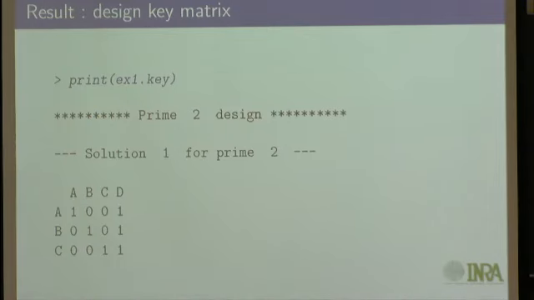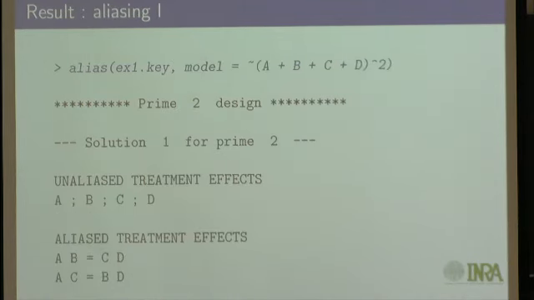So now we can print the result of this search, and we get the matrix which I have written on the board. We can ask information on the aliasing relationships, and we get this unaliased treatment effects, the main effects, and the aliased treatment effects, the relationships which were written in the first example.